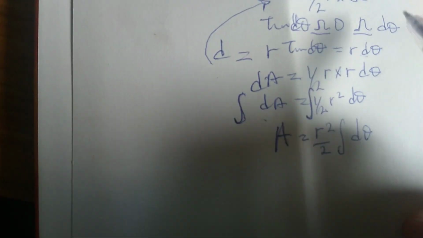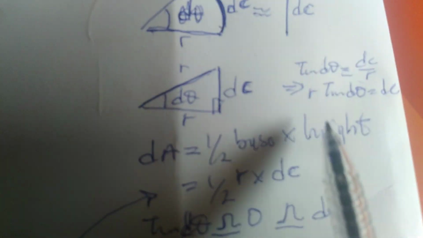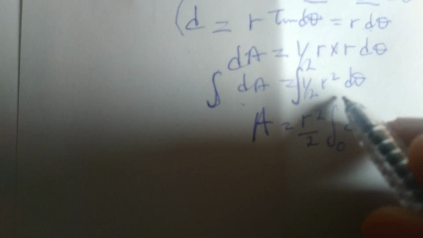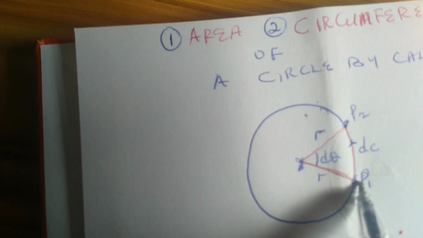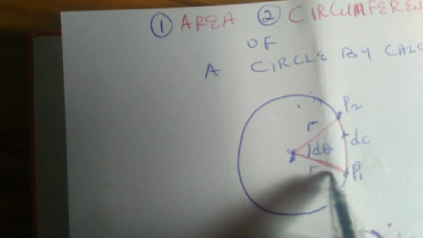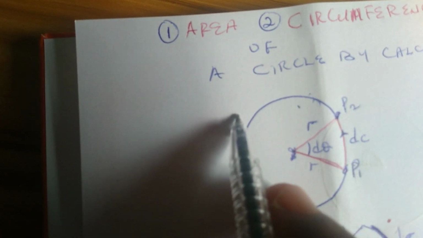Now, the total angle in a circle is 360 degrees. And to write this in radians, we write it as 2π radians. So my summation for the angle now will be from when the angle is 0 to when it completes 2π. That means when the angle is 0, the radius has not moved at all until the radius now moves from position P1 and covers the whole circle.